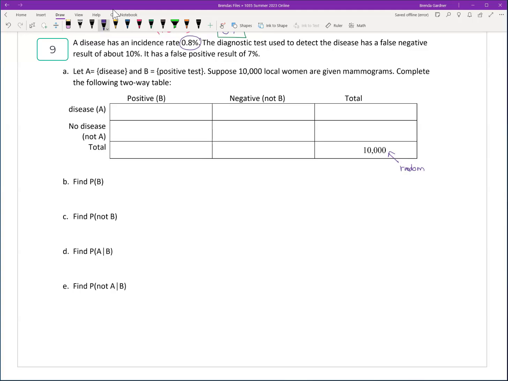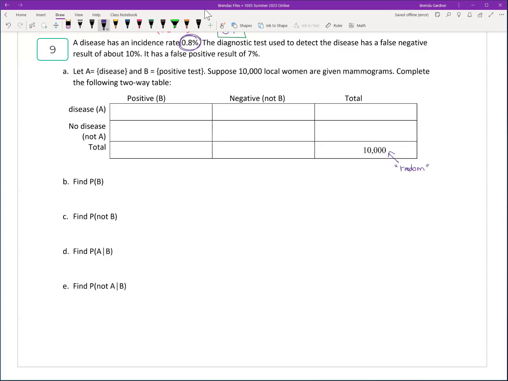The base number is not as important as using the numbers to find the probabilities. If that number isn't given to you, you can pick whatever you want. Usually a bigger number is more helpful than a small number, because we're going to end up with decimals, especially where we have a very small incidence rate to begin with. They chose 10,000. Zeros and ones are much easier to work with, so that's why it was chosen, but it's kind of a random number.